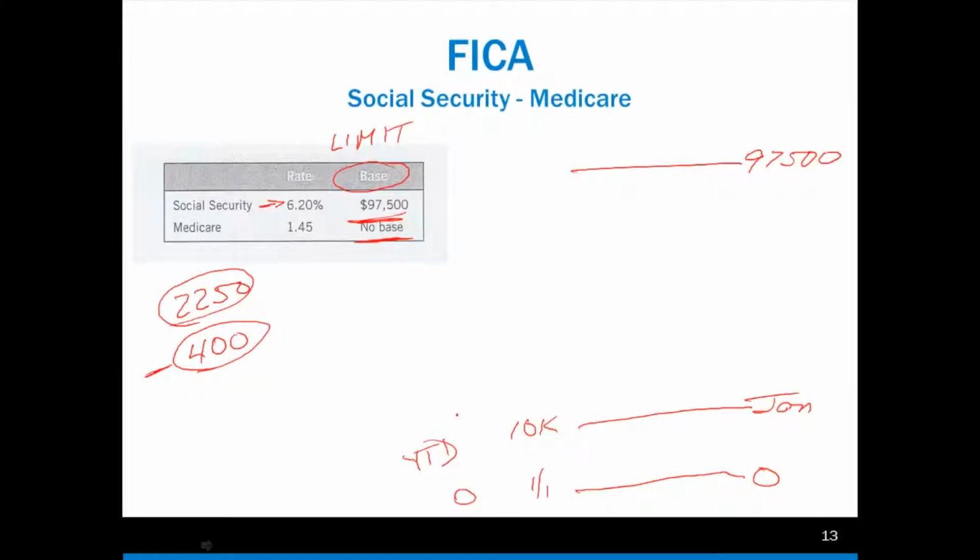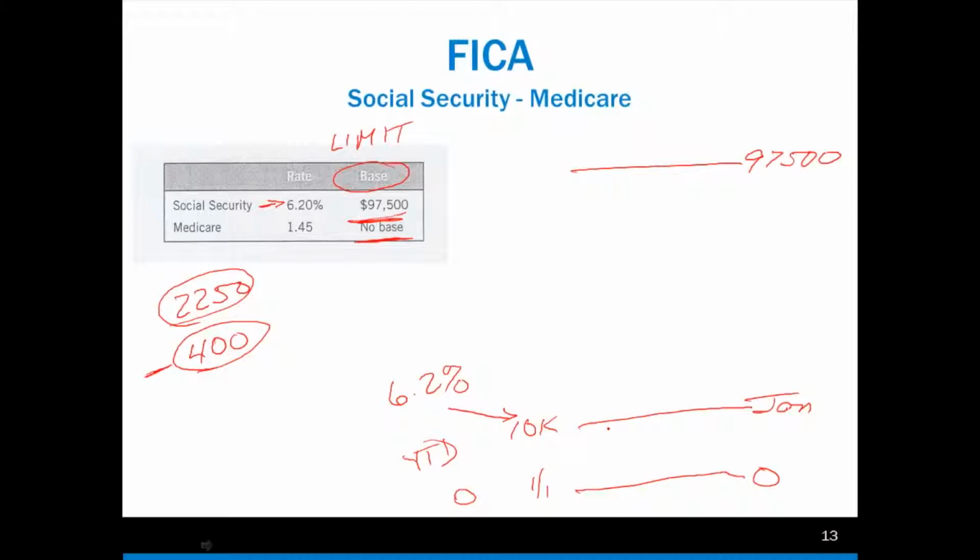So now you're going to be taxed at the 6.2% on the full $10,000, and whatever that is, that's your deduction. And remember, on the payroll register for Social Security and Medicare, that's being withheld from you as the employee, and for the employer, since it's a 50-50 thing, if you calculate it on the payroll register, you know how much it is for the employer.